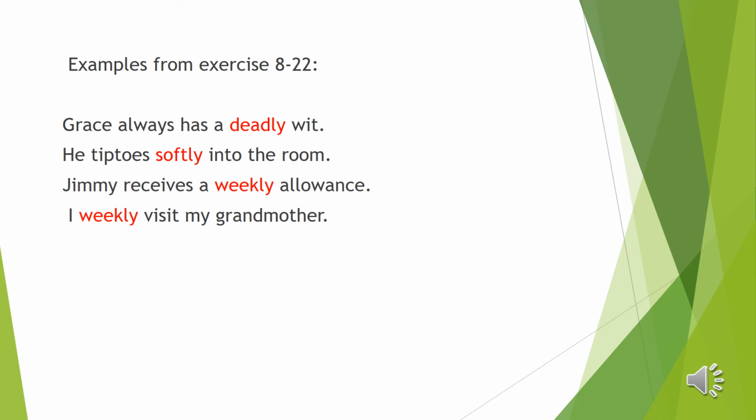And second, it functions as a modifier to the noun wit. It describes the noun wit. Grace always has a wit, but what kind of wit? It is a deadly wit. So deadly describes wit. That is why it is an adjective, because it describes a noun. And because deadly is an adjective, the ly in deadly is ly adjectival, not adverbial.